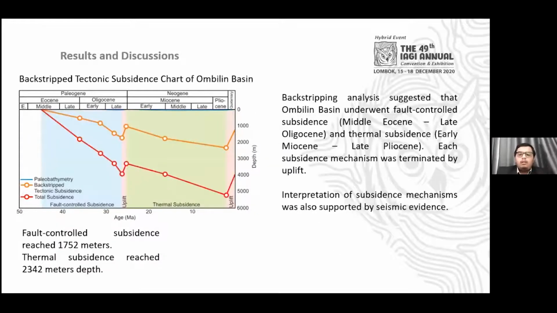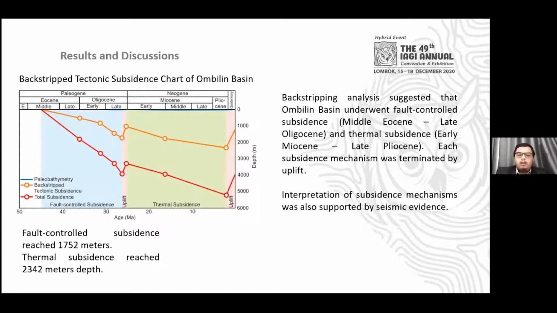Here, we performed backstripping analysis. Backstripping analysis was attempted to remove the seawater and sediment thickness effect on the total subsidence, so we could derive the tectonic subsidence of the study area.